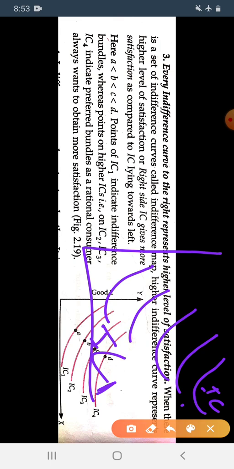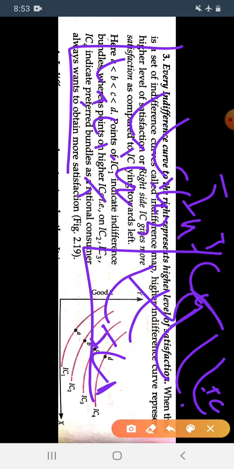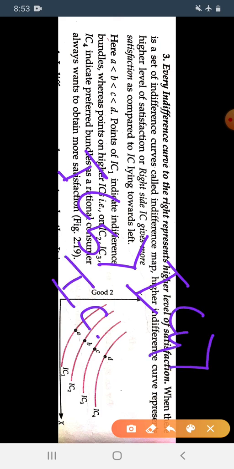shifted to the right. This is IC1, IC2, IC3, IC4, IC5. IC5 gives more satisfaction than IC4. IC4 gives more satisfaction than IC3.